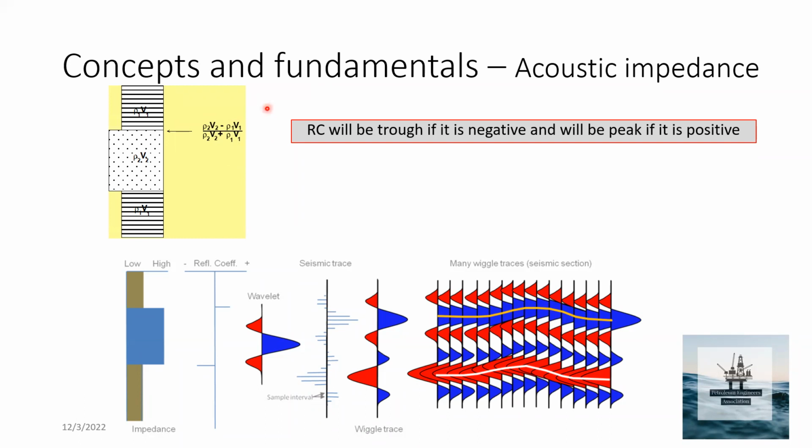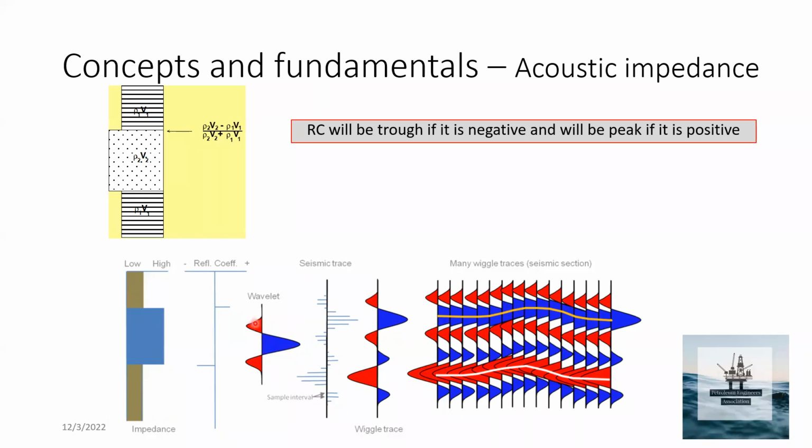Again, using the equation to calculate the reflection coefficient, if ρ2V2, which is the acoustic impedance of the second layer, is less than ρ1V1, we will have a negative reflection coefficient, which will give us a trough.